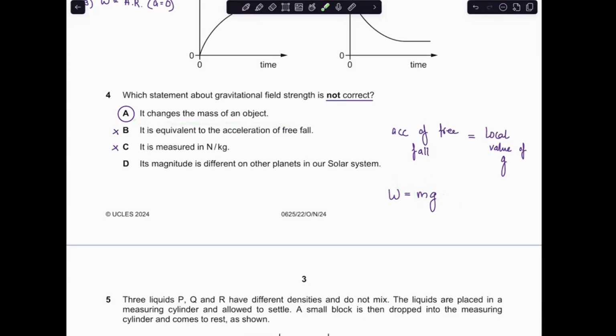So the value of g affects the weight, not the mass, because the weight is what is dependent on the gravitational field strength. So if you have a ball and you're here on Earth, and then you just move the same ball over to Mars, the mass is still going to be the same, but the weight is going to change because the value of g on Mars is different from the value of g on Earth.